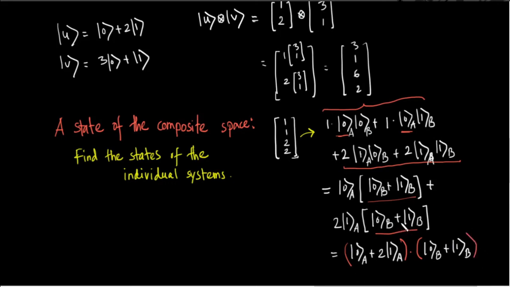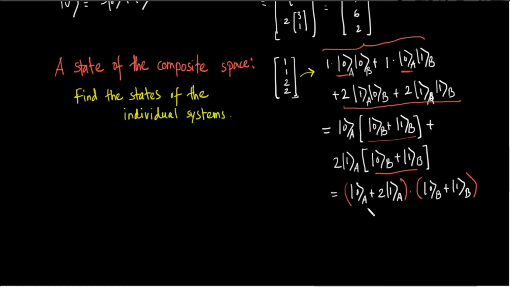Alright, so this is our vector u, and this is the vector v. Okay, if you want to recheck, you can take the tensor product of these two vectors and you will retrieve the original vector.